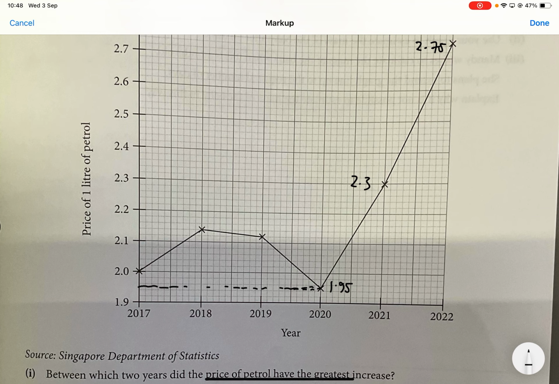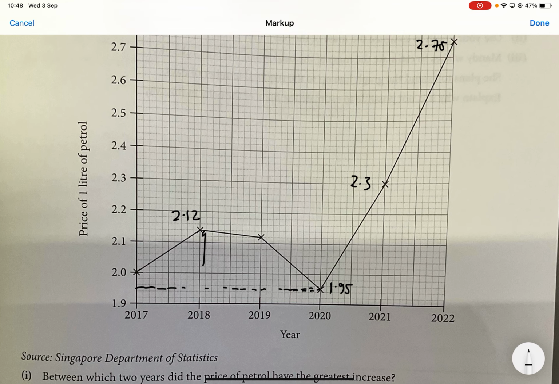Another increase is here. But this one looks like very small. So just in case, we also go and write 2.12. So the increase here between 2017 to 2018 is 0.12.